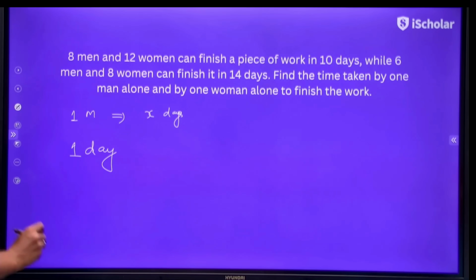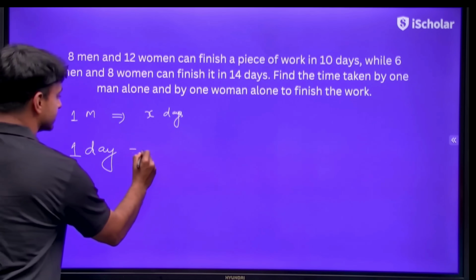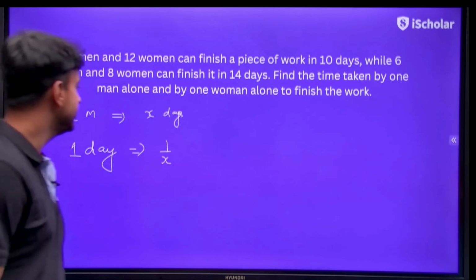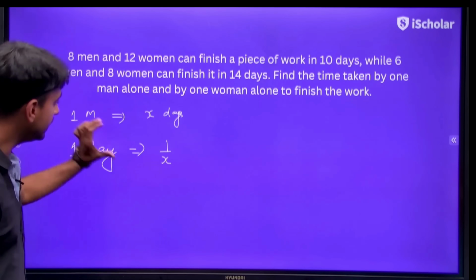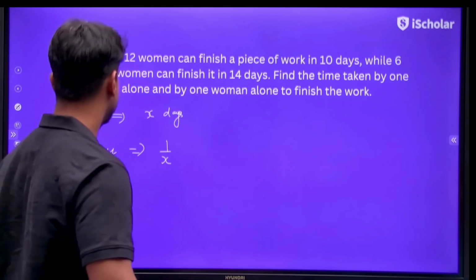In 1 day, the man will be able to finish 1 by X of the work, correct? So in 1 day, 1 man can finish 1/x of the work.